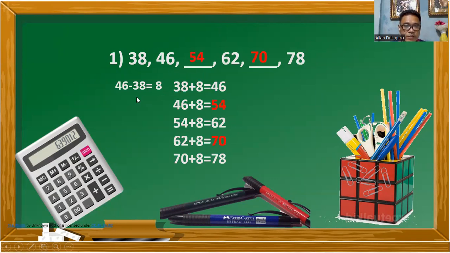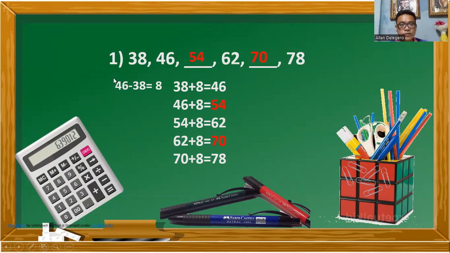So to find the missing terms, you need to get the difference of two consecutive terms. So 46 minus 38 is 8. So therefore the missing terms are 54 and 70.